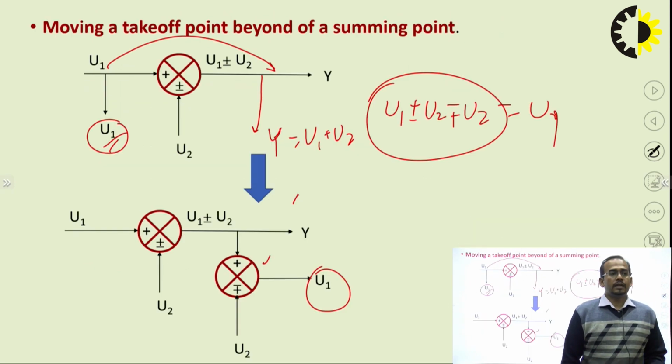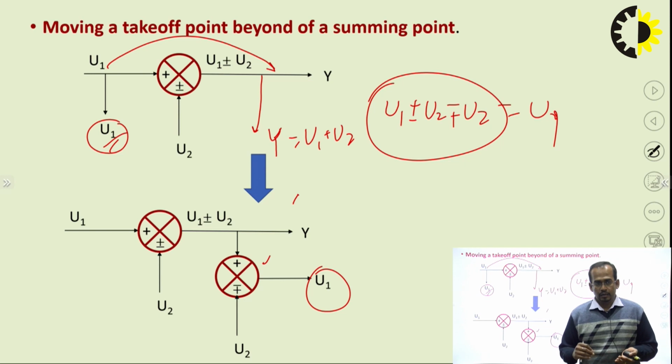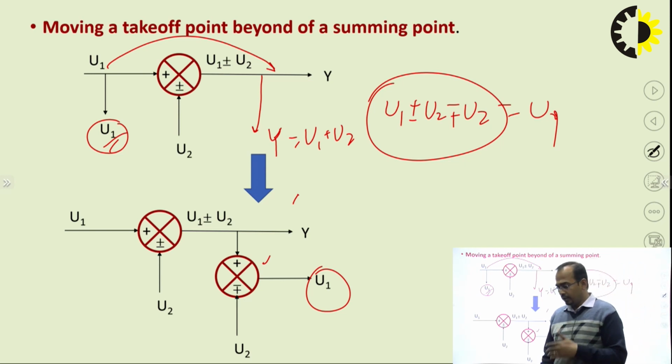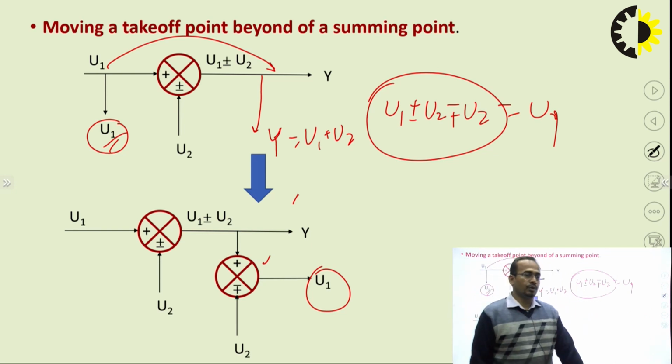So these are the methods how you can reduce the block diagram, and you can follow any method. You can use any rules that I have told you up till now.